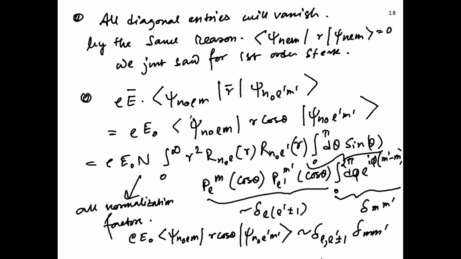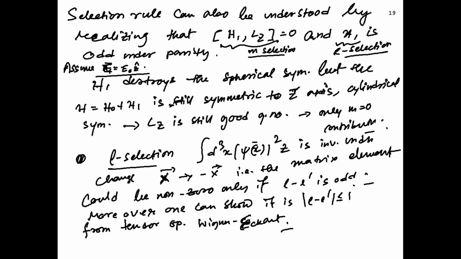That is basically a selection rule. So in first order, the only non-zero terms which are coupled are these two terms, and there is a very easy way to see why this must happen. After I introduce this special direction, say I apply the field in the z direction, the Hamiltonian must commute with Lz because of the cylindrical symmetry, and it must be odd under parity.